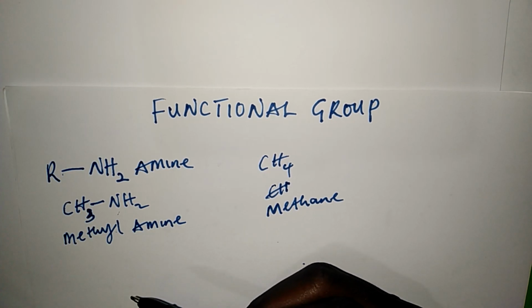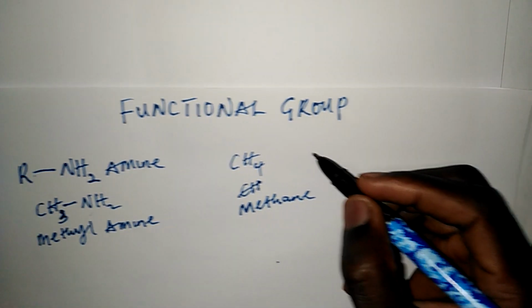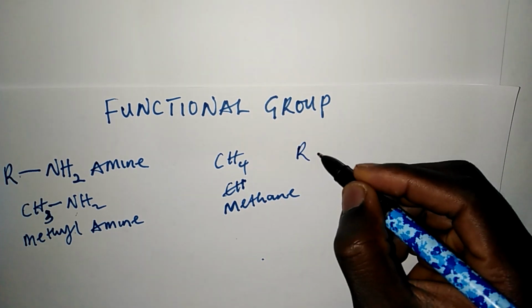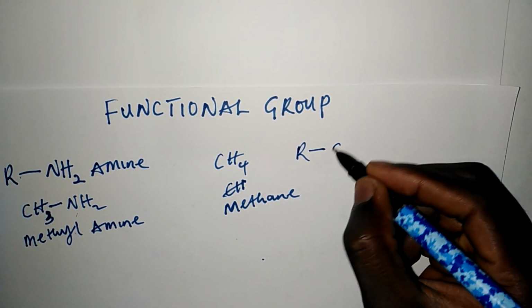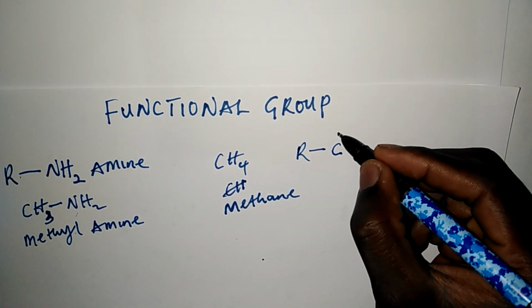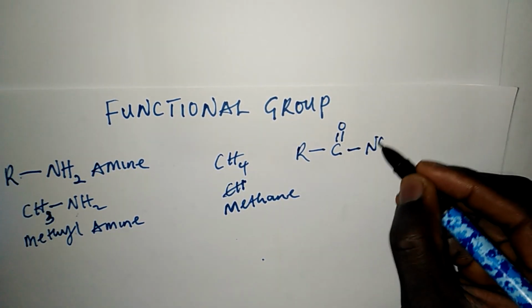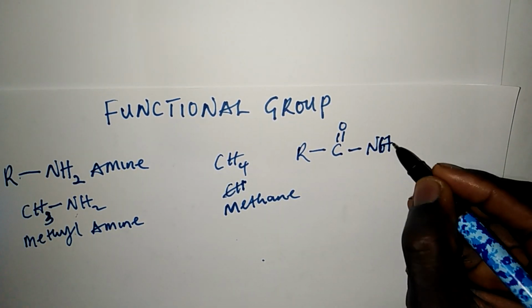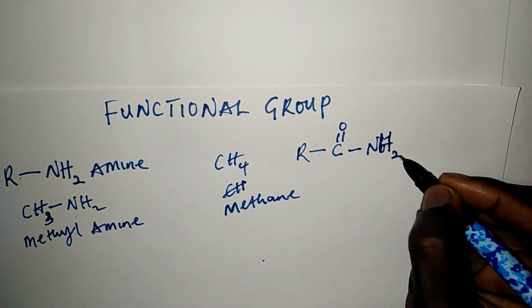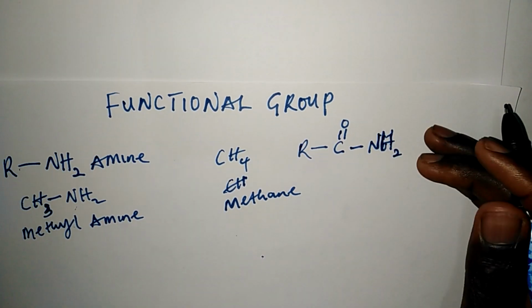Now, what if you have another functional group like this? We have R linked to this, a generic form, and then we have CH2, NH2.